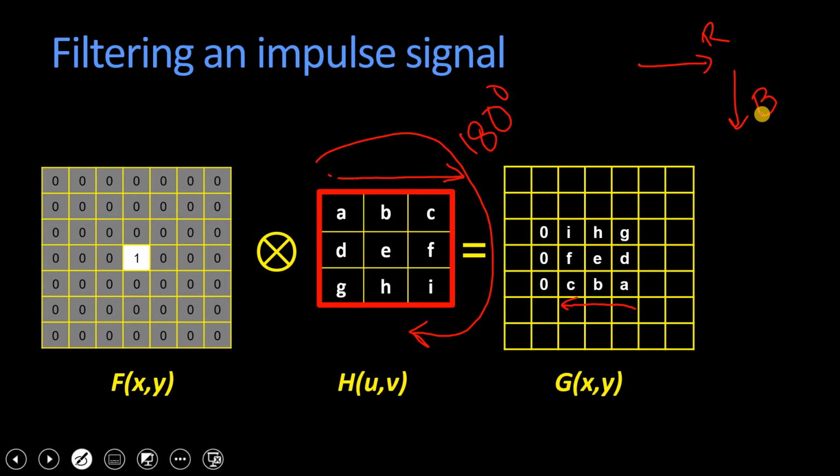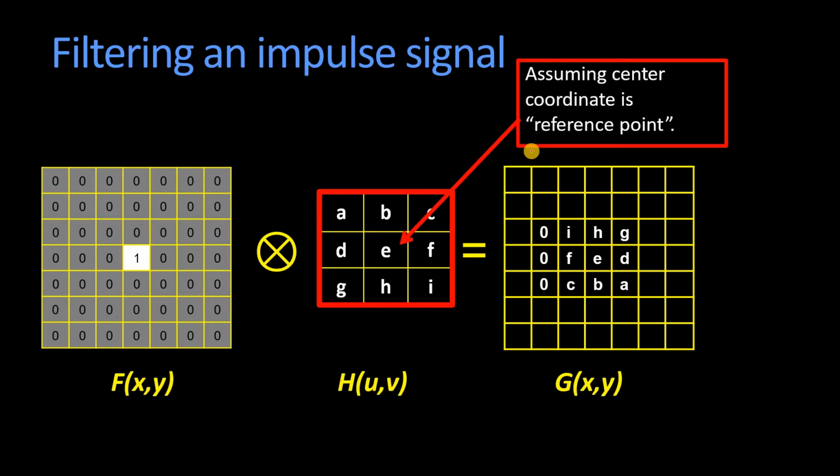If you rotate A, B, C by 180 degrees, A will come over here. So basically the correlation operation applies the filtering on the image, but first it rotates the mask by 180 degrees. That is the result of the operation, and that was the purpose of introducing the impulse signal. The impulse has given us the exact behavior of the mask.